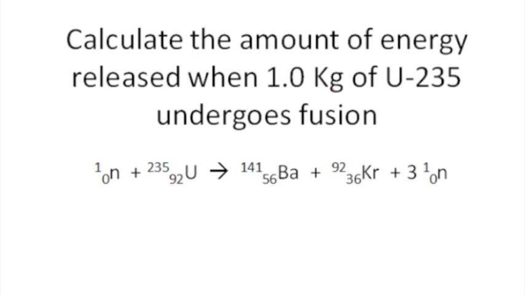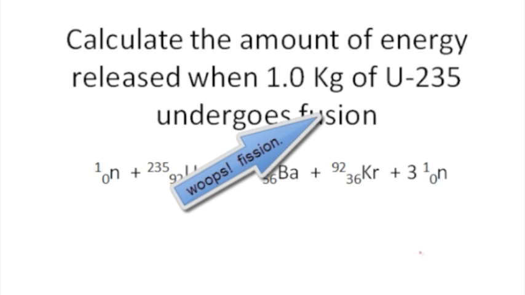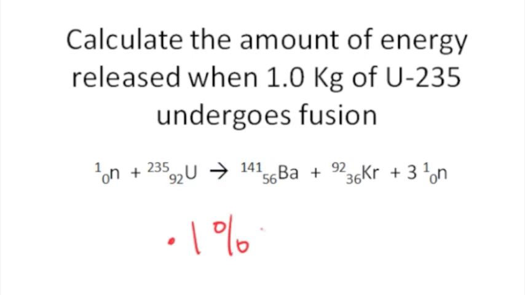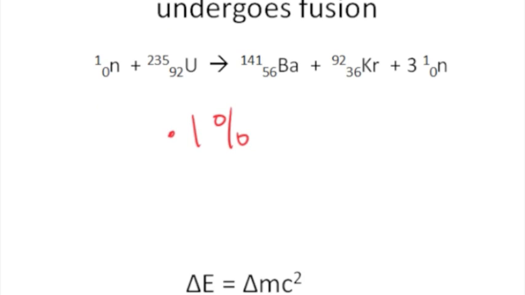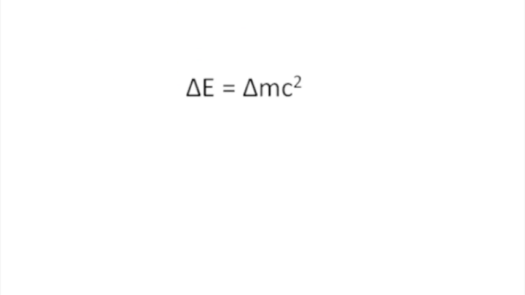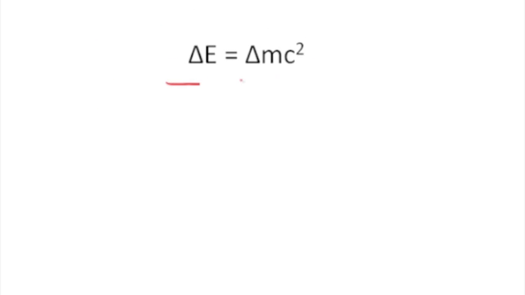Now remember, the estimate that we use is that the amount of the fuel that actually gets converted to energy is about 0.1%. So we can calculate the amount of energy given off across a nuclear change by modifying our equation slightly to say the change in energy equals the change in mass times the speed of light squared.